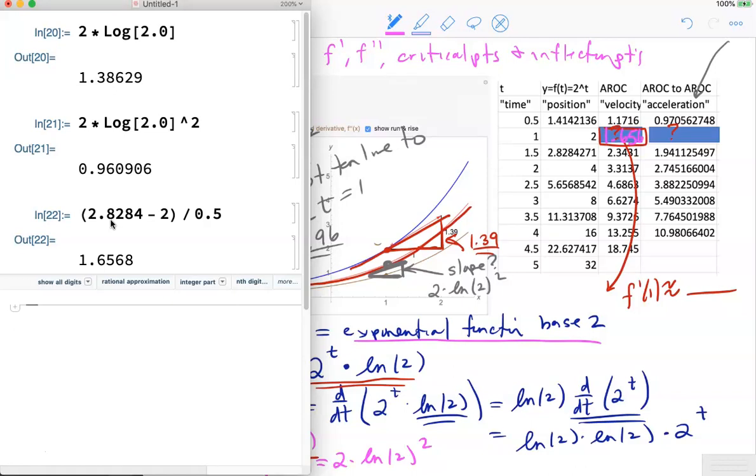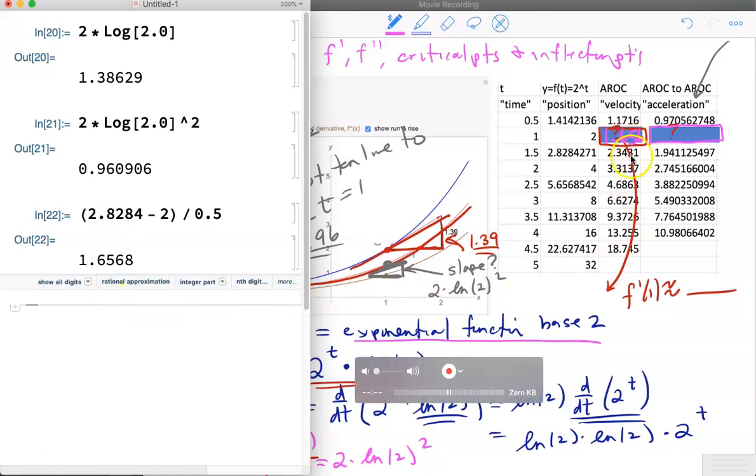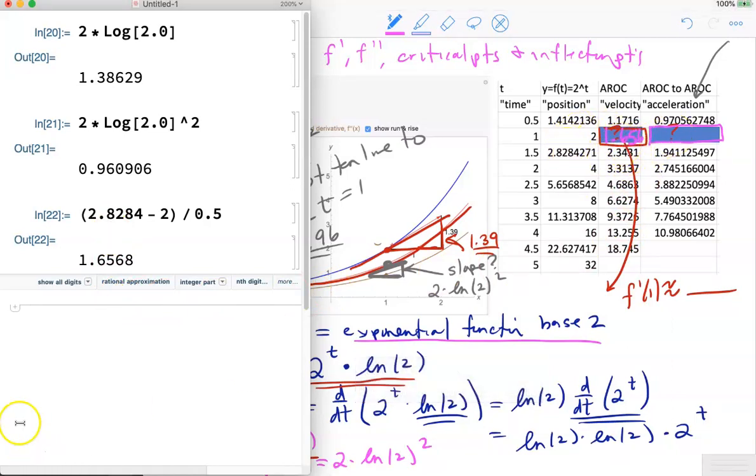Now the question is what goes in the second box, the average rate of change of the average rate of change. Well, now that we know that 1.656 goes there, and we have the rest of the values we need, the average rate of change of the average rate of change is 2.3431 minus 1.656.